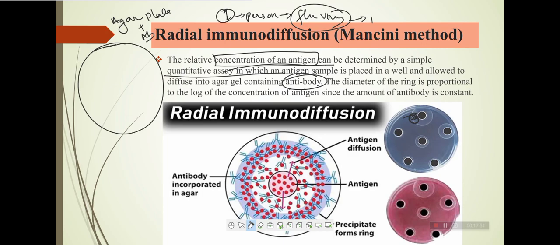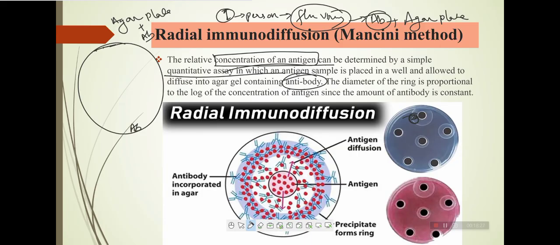For this flu virus, we have the antibody, so this antibody is mixed in the agar plate, because we have to determine the concentration of a specific antigen. So now this is an agar plate which contains antibody.